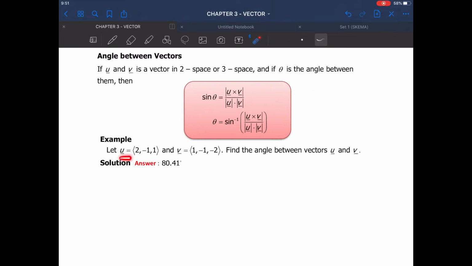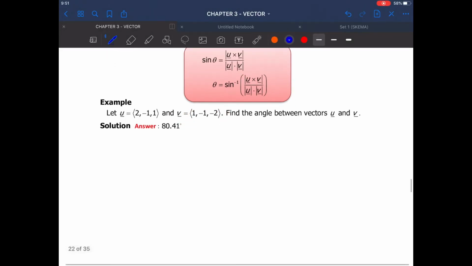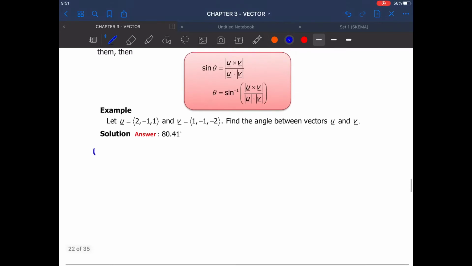You are given vector u and vector v. Find the angle between u and v. This question we will solve by using the formula for the cross product. So first we need to find u cross v. U cross v is equal to, we arrange u at the front, so u will be in the first row. Second row is vector v, 1, negative 1, negative 2.